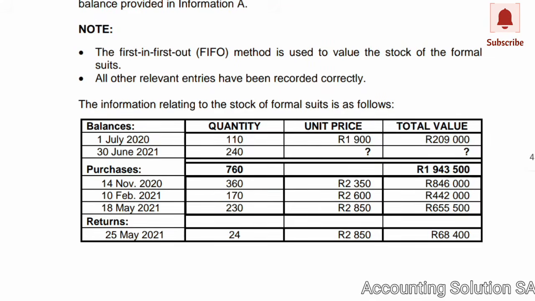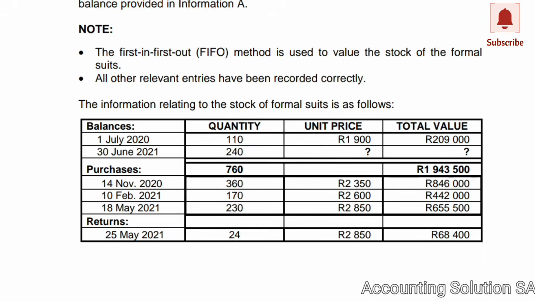Okay, so let's start. Remember, I said first in first out means that the one that we purchase first, we're going to sell it first, which means that the one that we have purchased first, we already sold them. In other words, the one that we are left with of 240 that we are looking for, remember at the end we have 240 quantity.